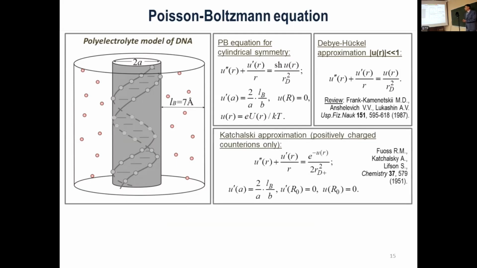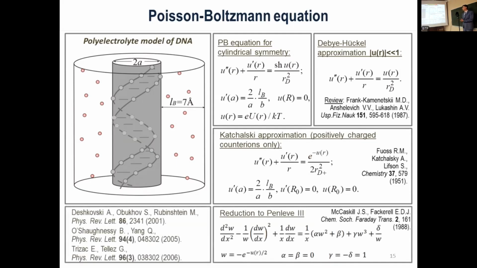And these solutions are studied, and from time to time we have papers about this problem, and some new solutions can be found for particular cases. It's also very interesting that in general this Poisson-Boltzmann equation for such a system can be reduced to the Painlevé equation if we use such variables.